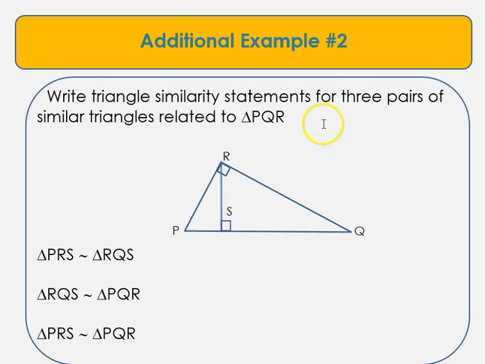Another example, additional example number 2, with the same triangles. Write triangle similarity statements for 3 pairs of similar triangles related to the larger triangle PQR.